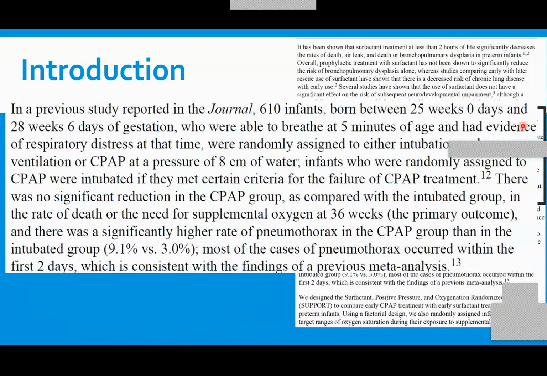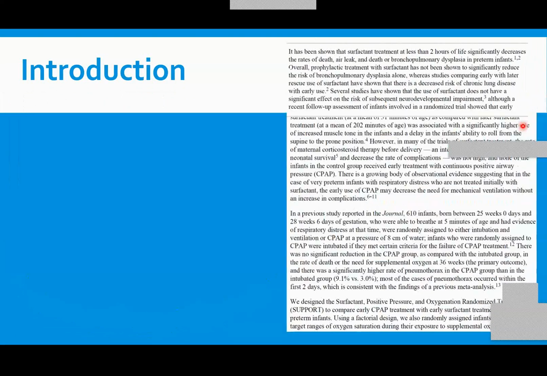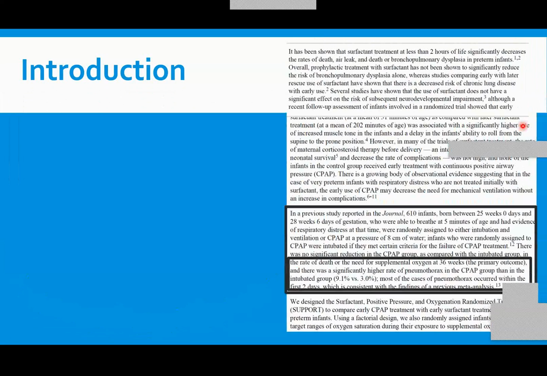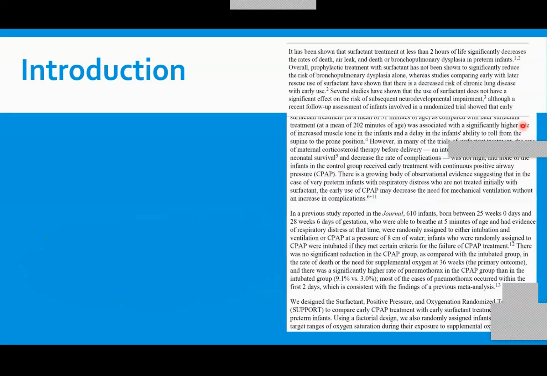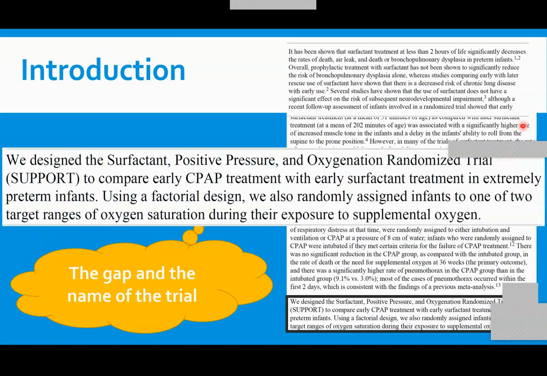And the second part of the introduction tells you what is unknown, what the problem is, what the gap is. And then the last part: known, unknown, and then it tells you the gap that the researcher will use to bridge the relation between the known and the unknown.